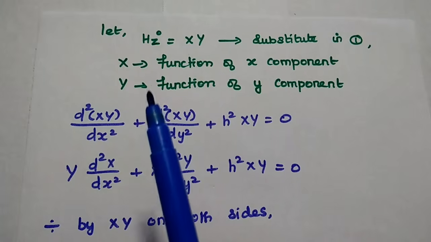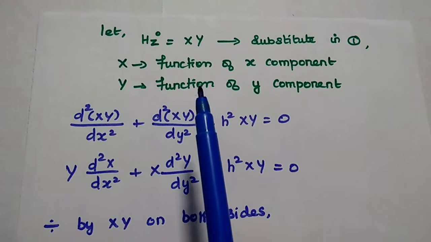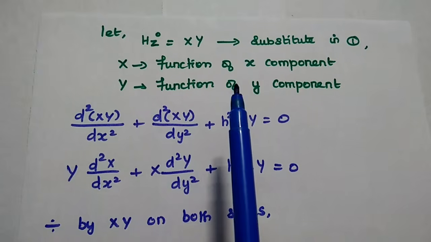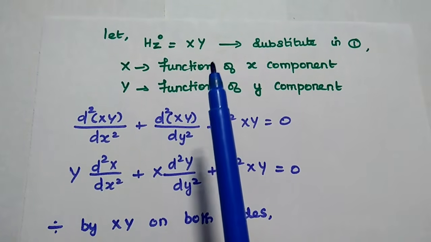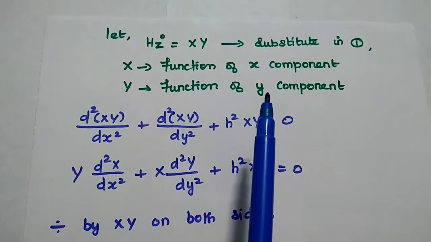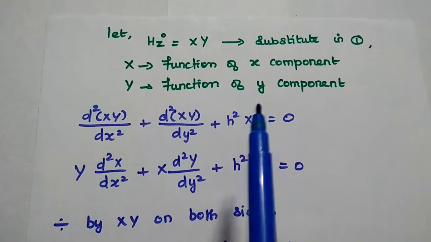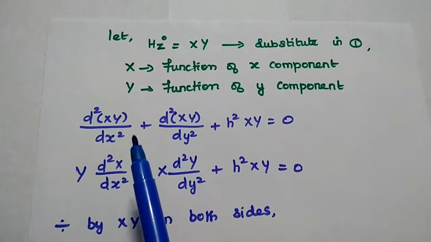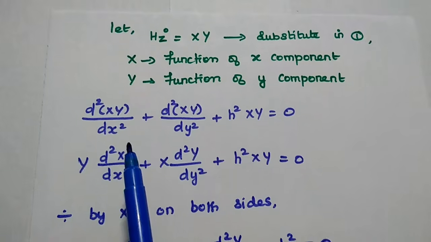In general, the magnetic field in the direction of propagation has x and y components. So we can represent Hz as X times Y, where capital X is a function of x and capital Y is a function of y. Then we substitute this Hz value in the first equation.